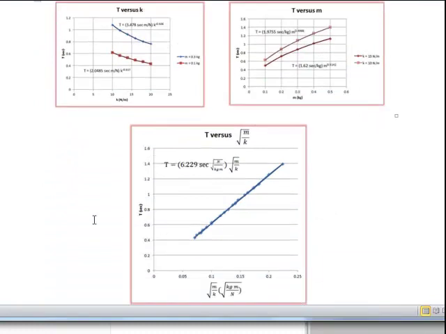And here you can see the first experiment, which is period versus spring constant. Here's the second experiment where we have period versus the mass, and then our final graph, which shows the period with the combination of the mass and the spring constant, which gives us a straight line and the final equation.